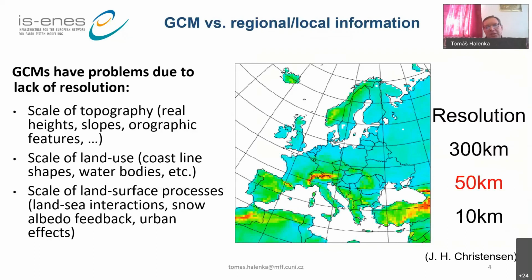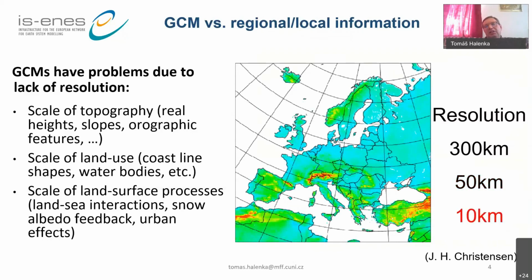This is at 50 kilometers and at 10 kilometers, and going to 10 kilometers it looks basically quite similar. That's the issue of domain size when looking at such a big region. So 10 kilometers is really below the resolution, but definitely there are significant changes, especially in the topographic height, which can play a significant role in some cases.